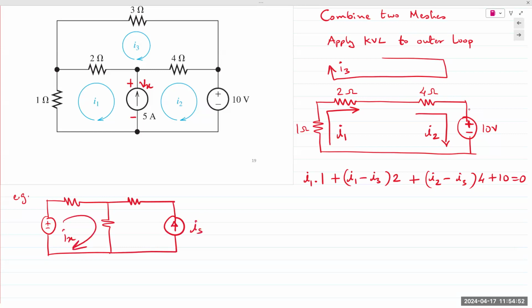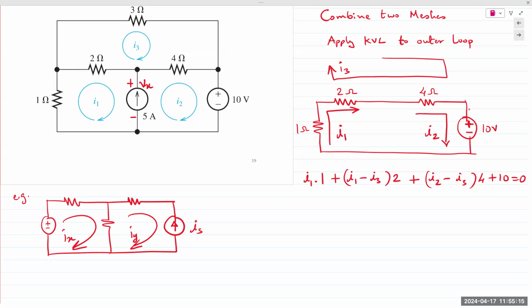So we have a circuit here. You have a current source that is not shared. The question is what can we do about IS that is not being shared?